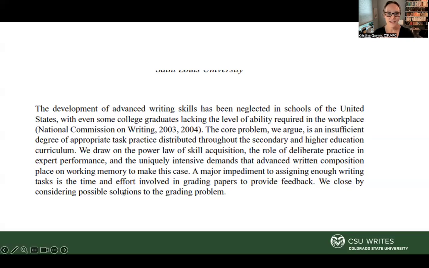So this is identifying where the bottleneck is. They go from big picture writing into something very specific with how skills are developed, and then towards a grading problem.